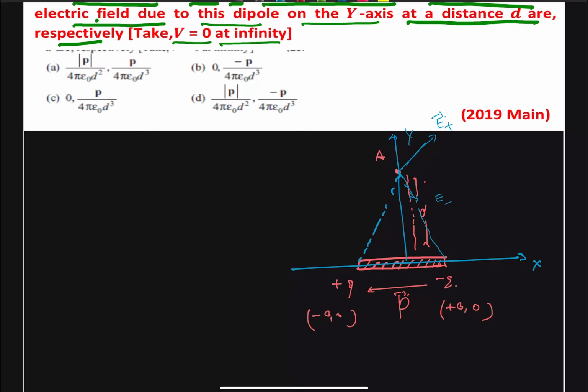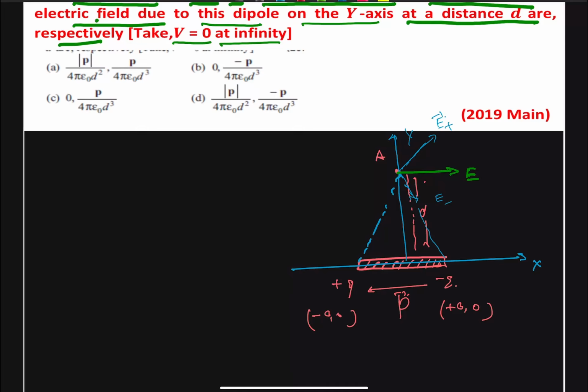Using the parallelogram law, our net electric field will be in this direction. Or we can divide both into components. The vertical components are going to balance each other, and the net will be along the positive x-axis. That will be the direction of the electric field.